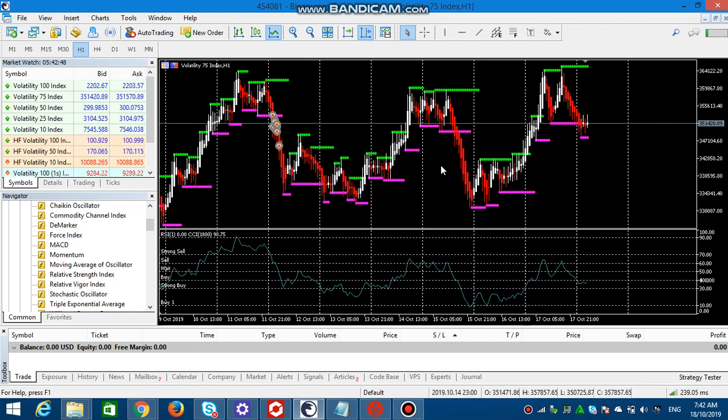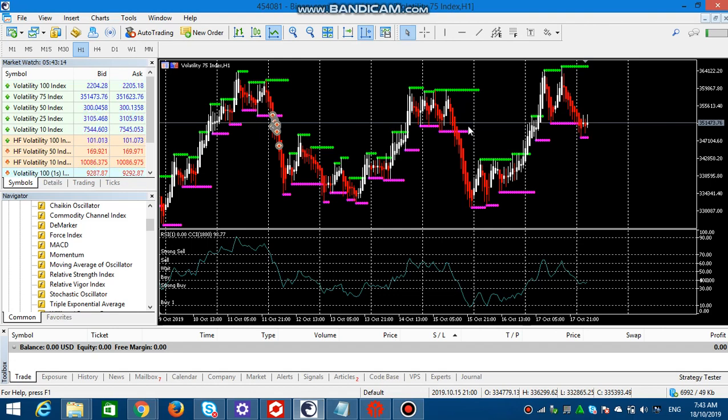The first indicator that I use is these green dots and the purple dots. The green dots help me to draw the resistance, and the purple dots help me to draw the support.